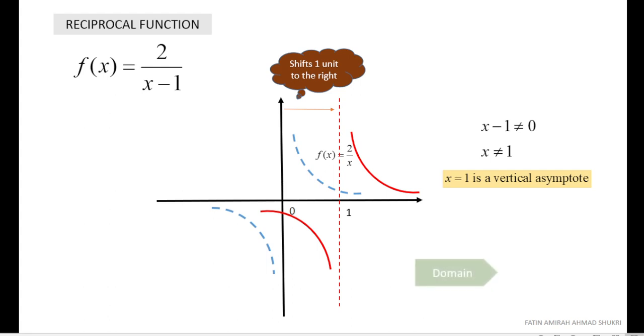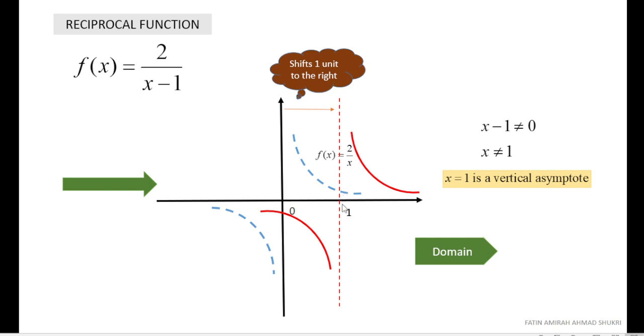Dan seterusnya kita tengok what will be the domain and range. Okay, what will be the domain, class? So you read from left to right. Domain kan, x values. So x values can take any value ke? Tak, dia ada restriction dekat x equal to 1. So means that x can take any real numbers except at x equal to 1.